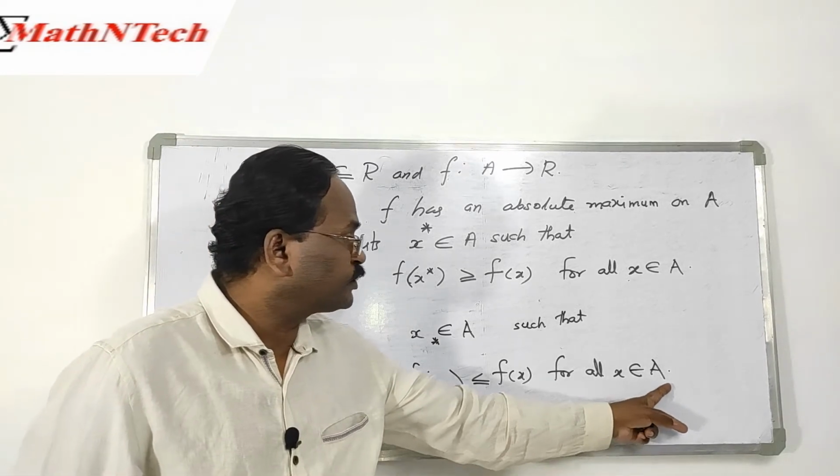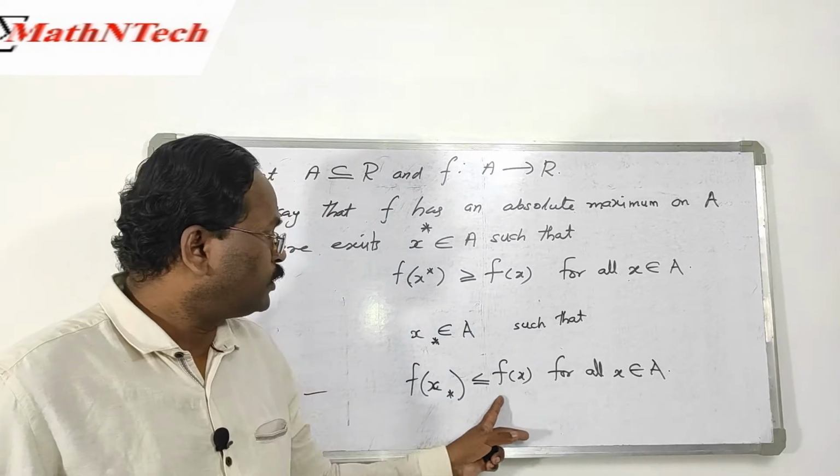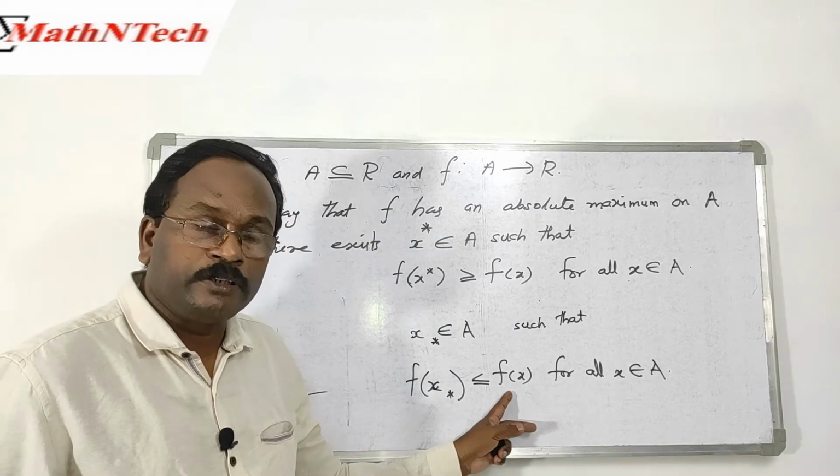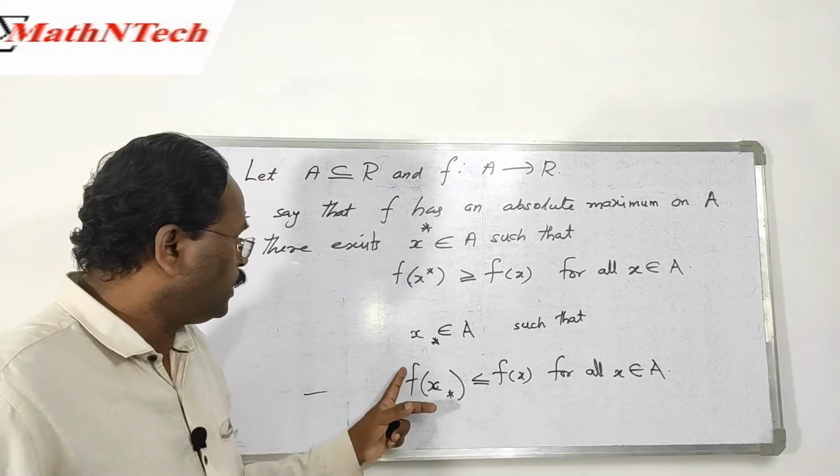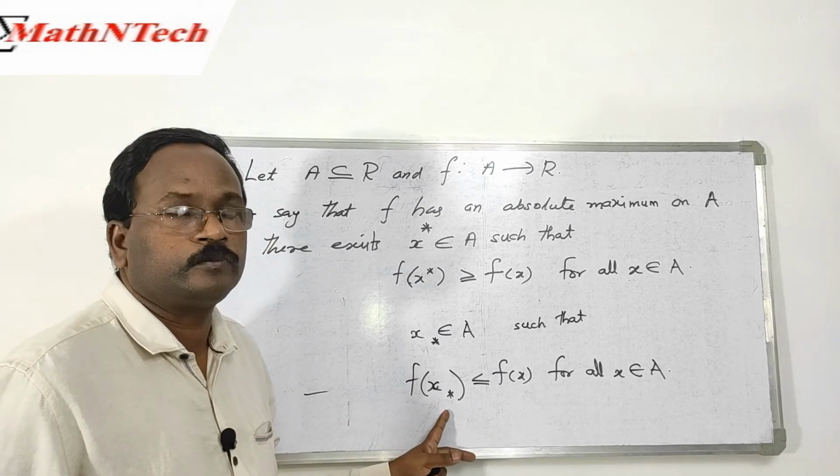Take the elements x in A and find the values f of x, then the minimum value is f of x star.